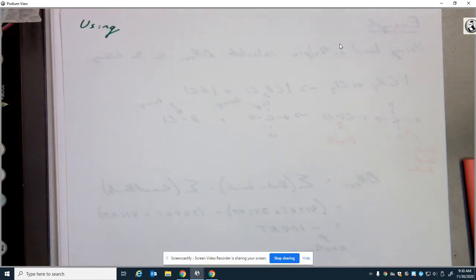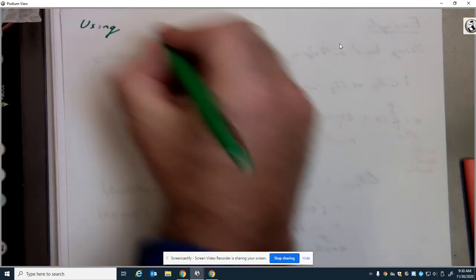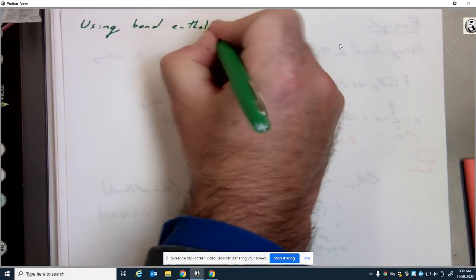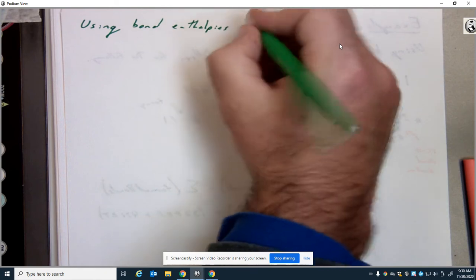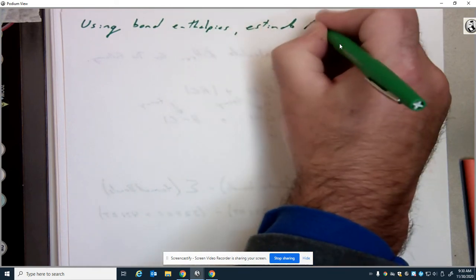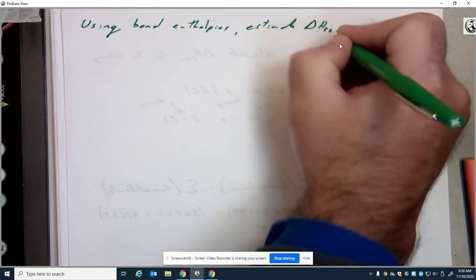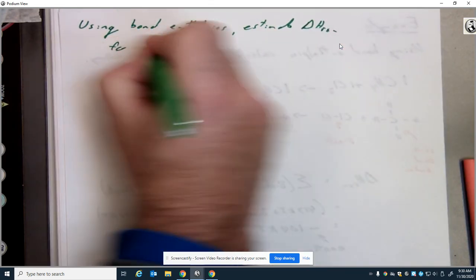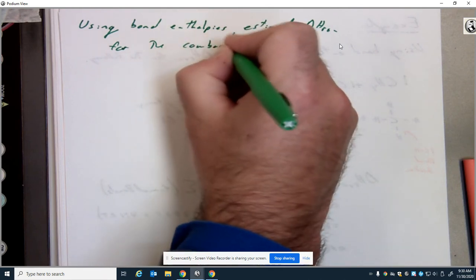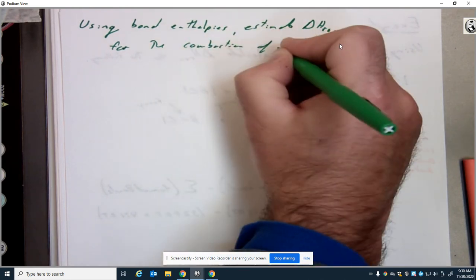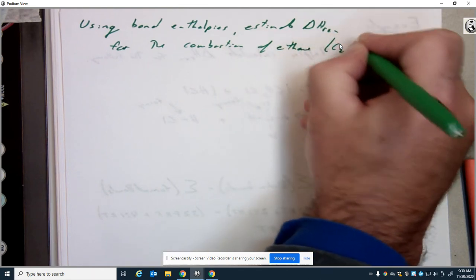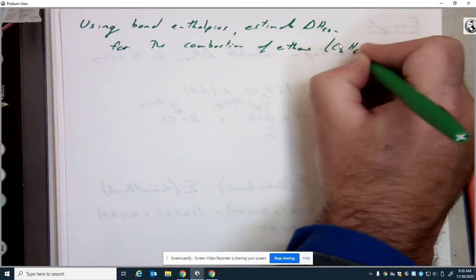So, using bond enthalpies, estimate the delta H of reaction for the combustion of ethane, which is C2H6.